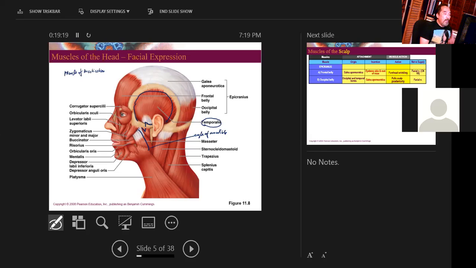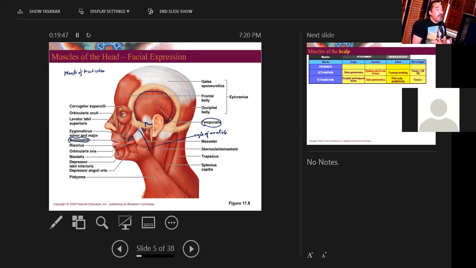There's one muscle here that is not actually going to be part of the facial muscles, and this is underneath the risorius. That is called the buccinator. Okay, so the buccinator muscle is underneath the risorius. It's actually considered part of the muscles of mastication because when you suck on a straw, that's exactly what you use, the buccinator muscle.